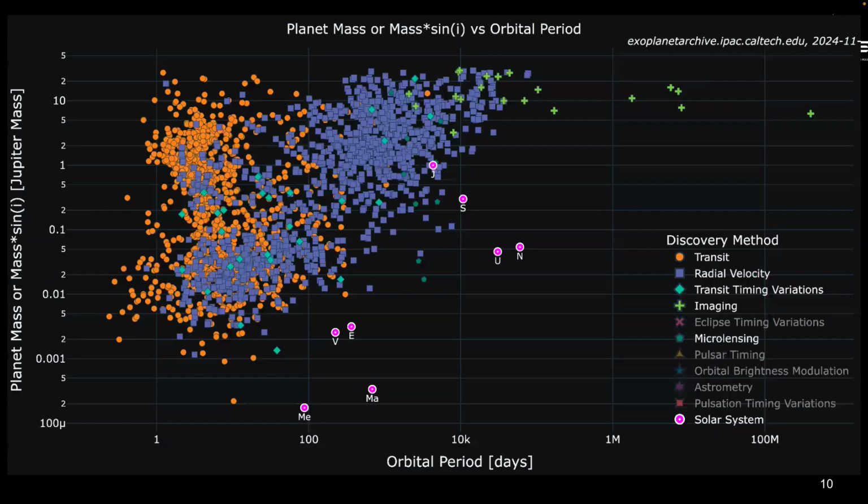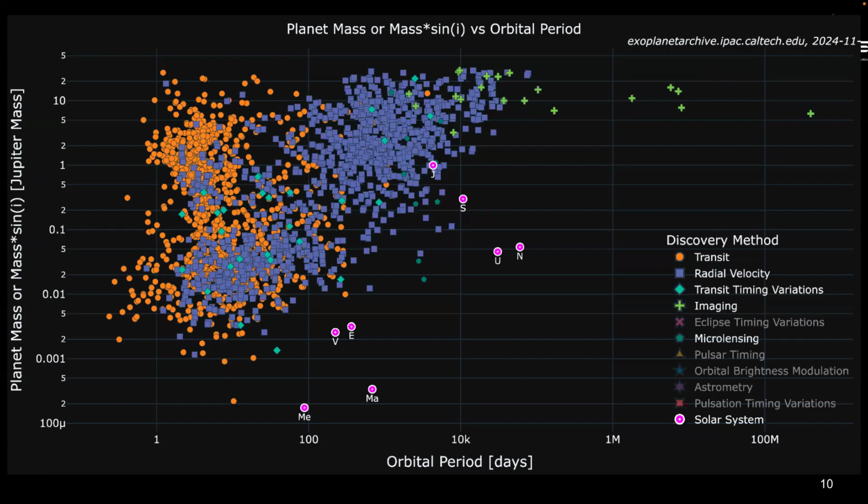I think there are these few systems, and one of them is HR 8799. These 4 planets have very high orbital periods and are very massive, like Jupiter, but planets, not brown dwarfs. So high mass, high period, very far.